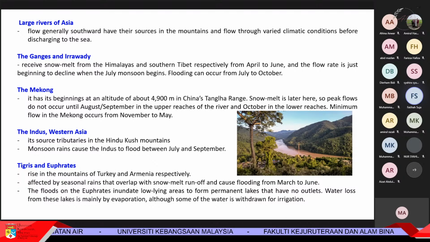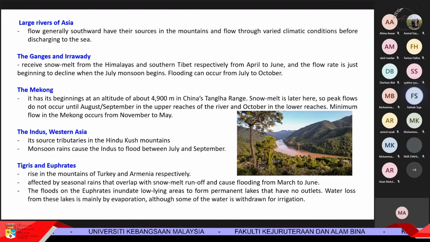When you talk about the monsoon effect on the rivers, the monsoon effect will have a very strong relation with the quality of water. This is not artificial contaminants, but natural contaminants.